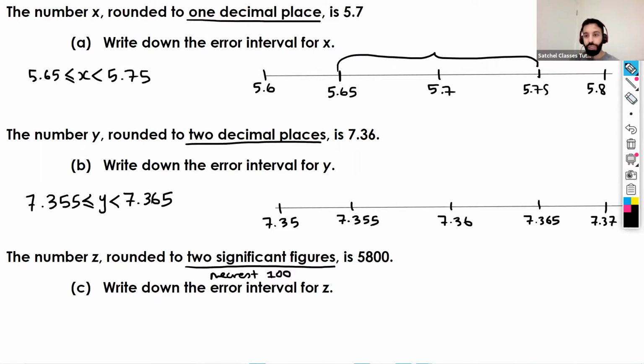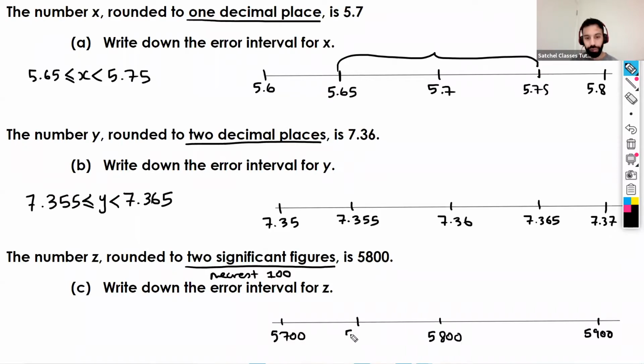So once again, I'm going to draw my number line. And I've got my number, 5,800. So 100 up would be 5,900. 100 down would be 5,700. And now I can find my error interval, or my lower and upper bound, to then write my error interval.